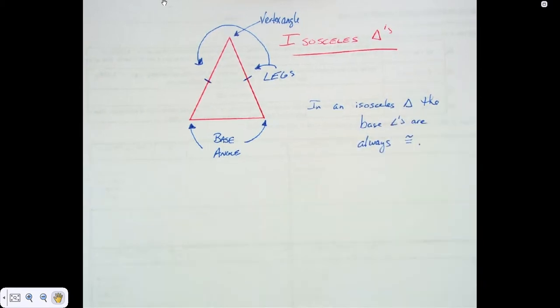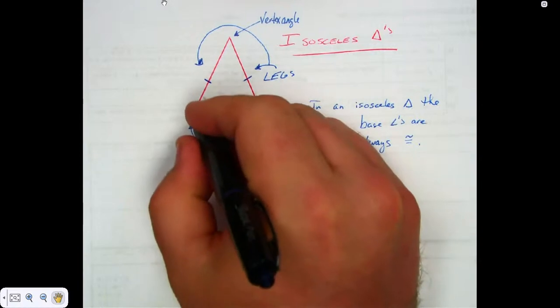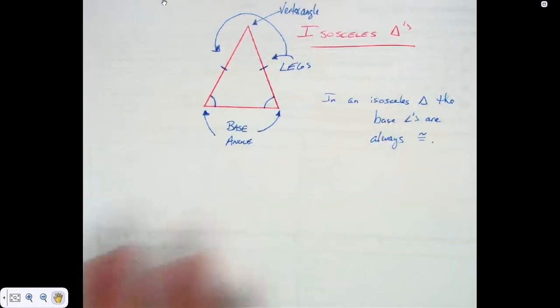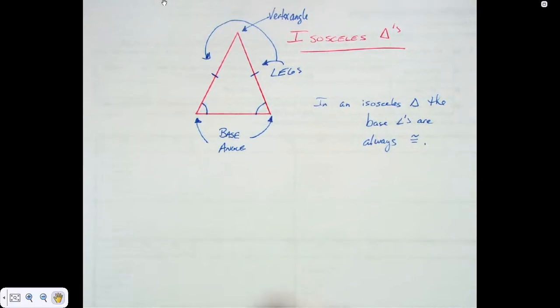In isosceles triangles, base angles are always congruent. In any triangle, if the two sides are congruent, the two opposite angles are congruent. That's a theorem we'll get into later in the chapter.